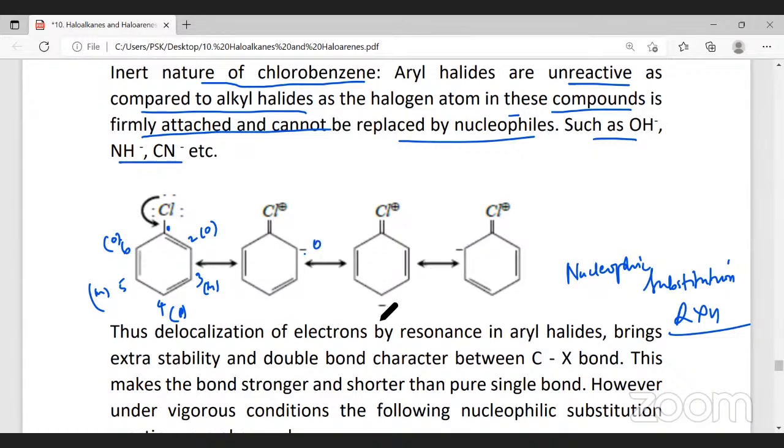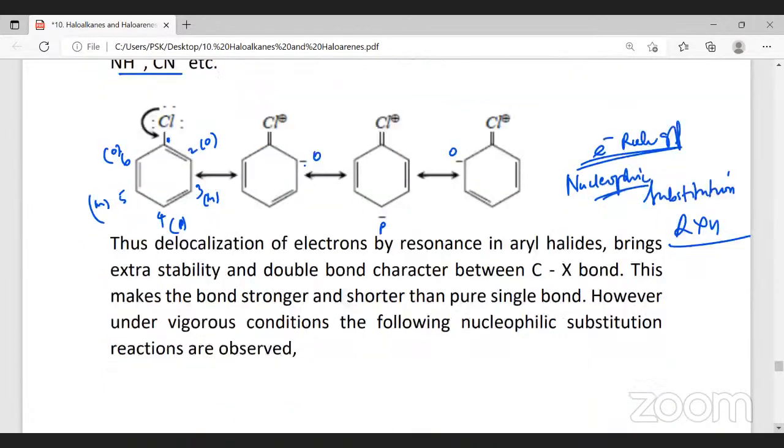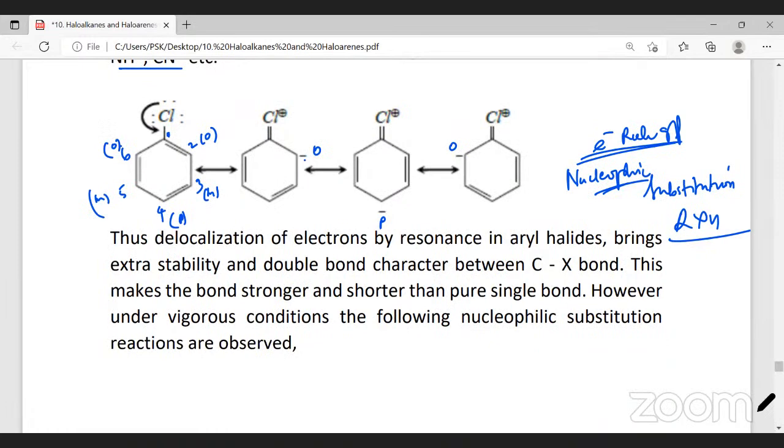This is the ortho position, this is the para position, and this is the other ortho position. Nucleophile means electron rich group. Since the ortho and para positions are also electron rich, no reaction will take place. That is why it is difficult for the molecule to undergo nucleophilic substitution reaction.